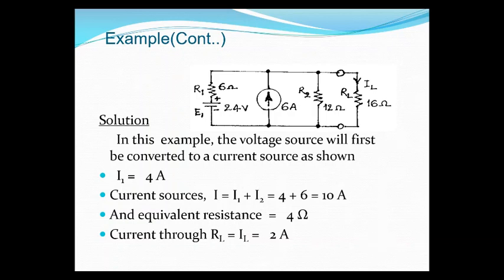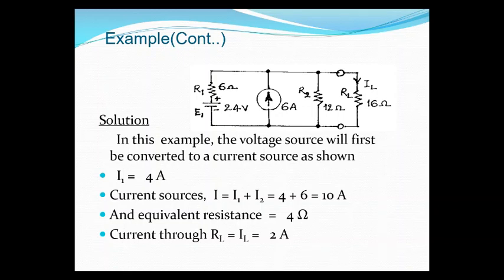Now the current through the RL is equal to 4 into 10 divided by 16 plus 4, 20. So that is equal to 2 amps. Again I am repeating this. See, current through RL is equal to the current I into 4 ohms divided by 20 ohms, that is 4 plus 16.